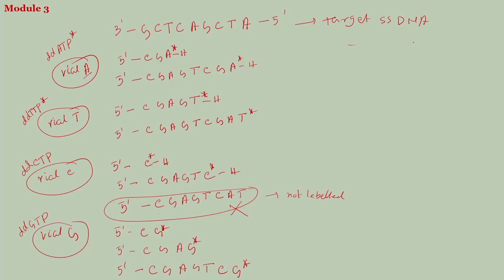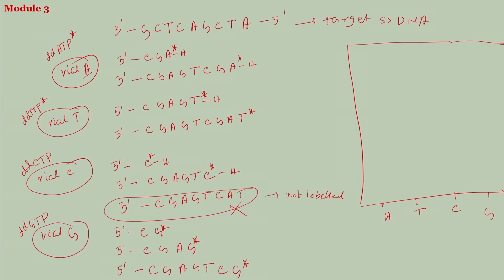Now if you want to draw the gel, let us say this is your vial A, this is your vial T, this is your vial C, and here is your G. Now let us count the fragment.